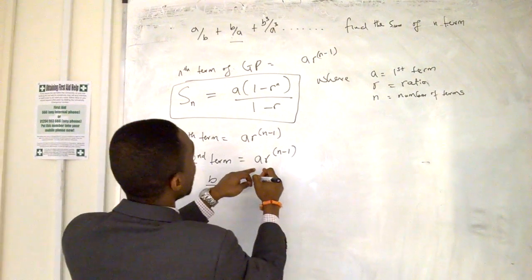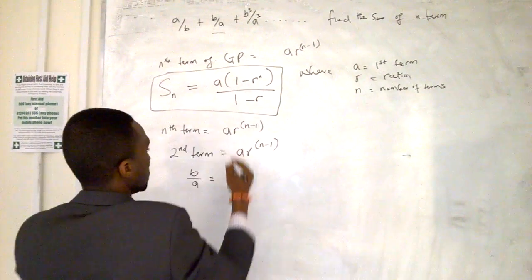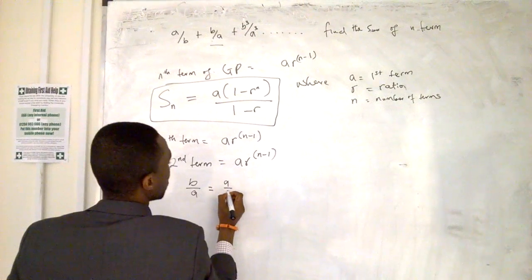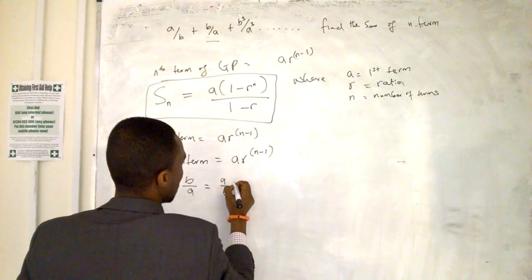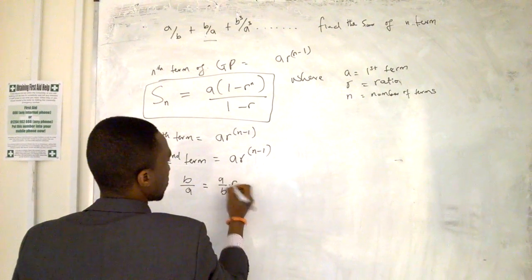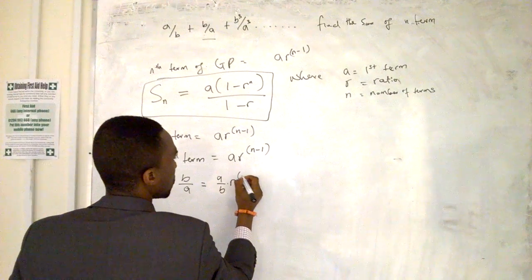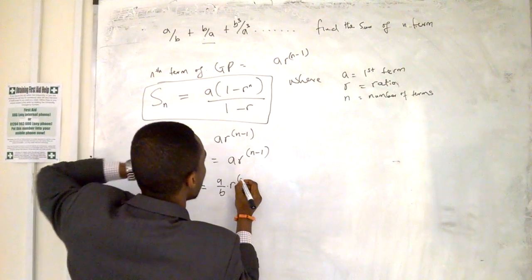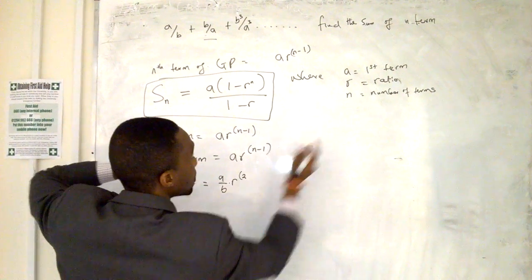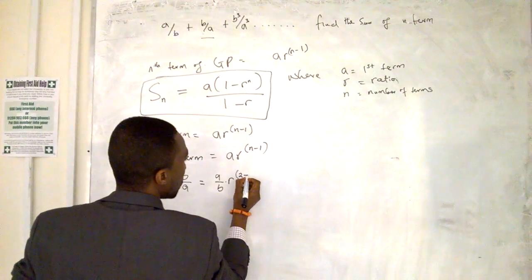So we know that the second term is B over A, which equals, and the first term is A over B, and we don't know what R is. And then n minus 1 will be, this is the second term, the number of time, 2, 2 minus 1.